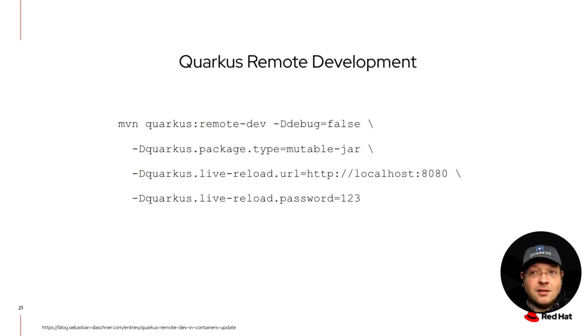So that basically means you are deploying a Quarkus dev mode application somewhere in a container. All this takes is basically the URL where Quarkus needs to look for the application, and a little bit of a password as a first kind of security to prevent really awesome things from happening. Ultimately, this still is a development tooling, so don't even think about running this in production, because Quarkus dev mode obviously is not meant for production, just as a side note.